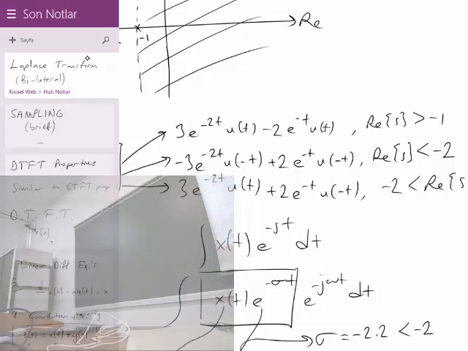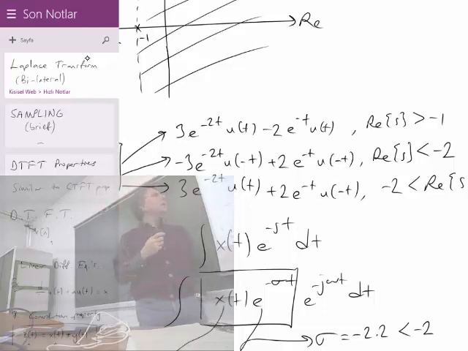Sorry, e to the minus 2t u of minus t, excuse me. This one will be better okay. It was still okay. This one is already okay, but it will be better okay. But this one, e to the minus 2t u of minus t, will grow even further towards the left-hand side. So there is a problem with the choice of the necessary suppressing exponential.